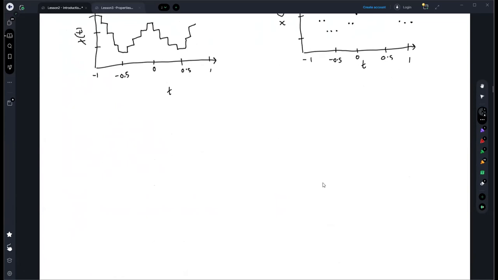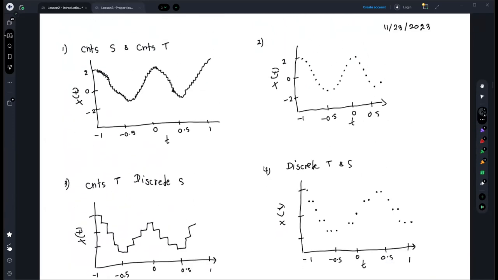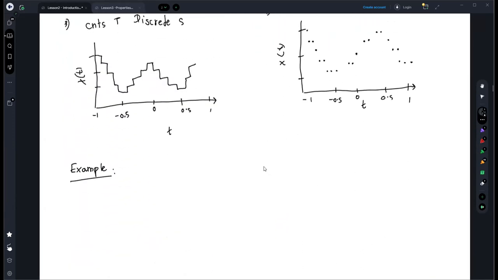Now, one of you, can you give me examples? The examples other than what we have done last time. Give me an example for the first one, continuous S, continuous T. Think about an example.